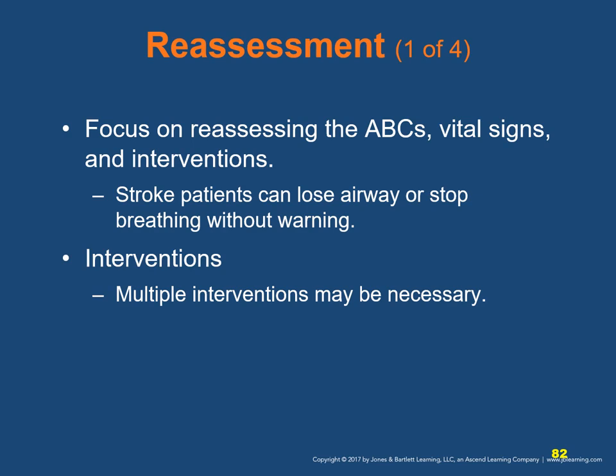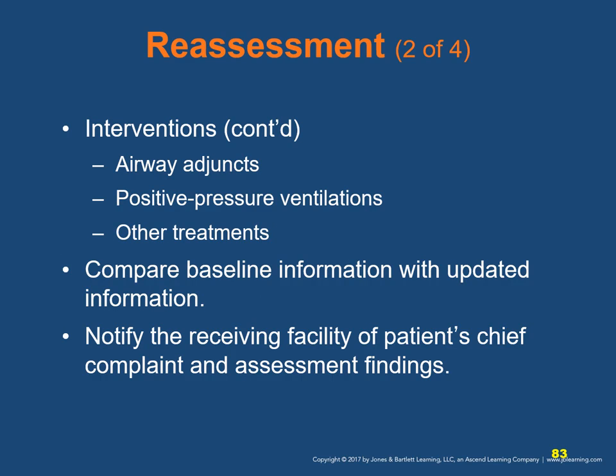There are multiple interventions that may be necessary. These interventions include use of airway adjuncts, positive pressure ventilations, and other treatments. If an intervention is not working, try something else. Compare baseline information with updated information.